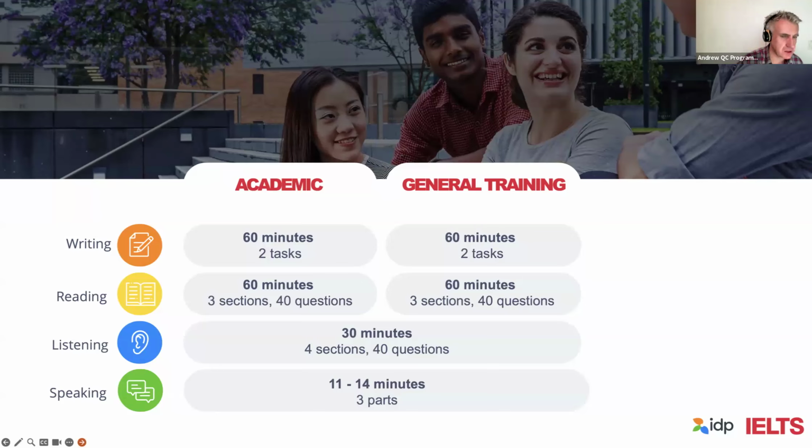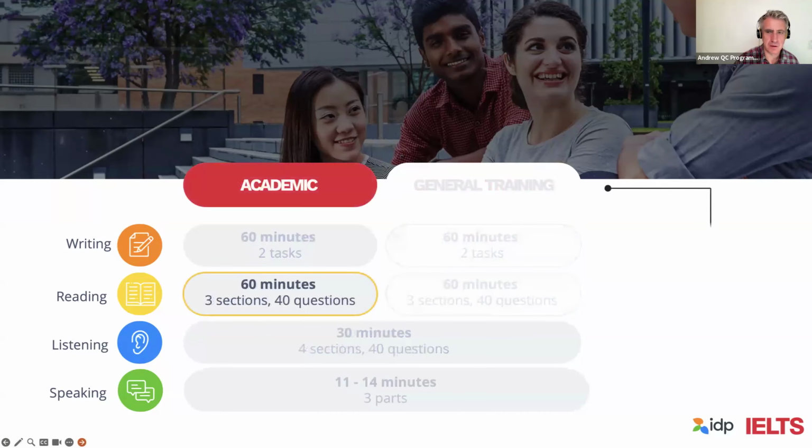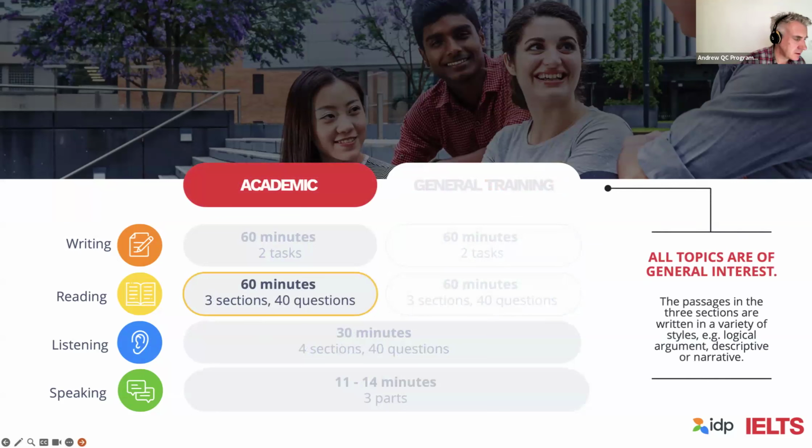So academic, 60 minutes, those 3 sections, 40 questions, same length for general training. All the materials used in the IELTS test were originally designed for a non-specialist audience and are of general interest. Important to remember. That means you don't have to have any specialist knowledge to do well in the test.